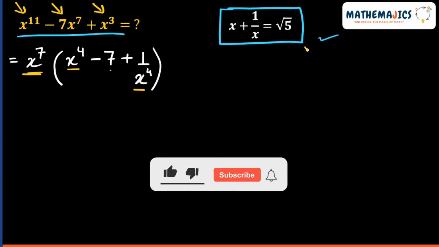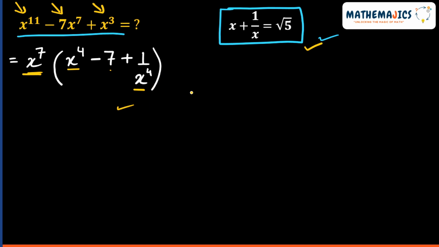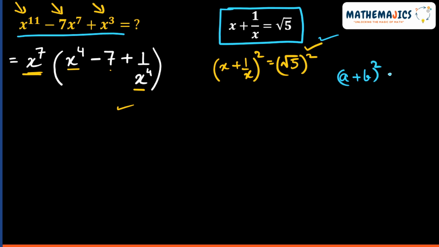Next, we will be using this value of x plus 1 by x as root 5 to find the value of this expression. See, if we square both the sides, x plus 1 by x whole square is equal to root 5 whole square. What will we get? Here we will be using one algebraic identity. That identity says a plus b whole square is equal to a square plus 2ab plus b square.